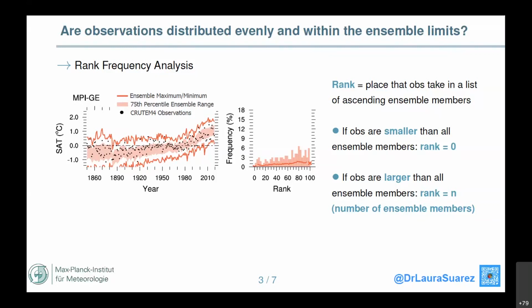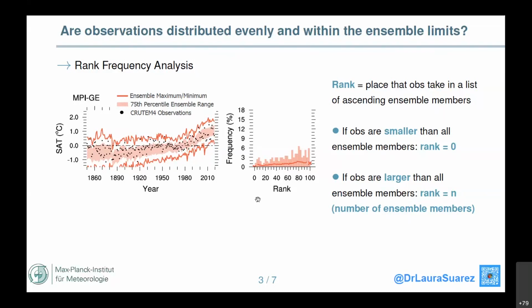And if observations are larger than the temperature in all ensemble members, the rank is n for that year, with n being the number of ensemble members. So in a year with rank 0, the black dot will lay somewhere below the ensemble minimum, and for a year with rank n, as you see a couple of times here, the observations will lay above the ensemble maximum, and you can see those two frequencies as crosses here.